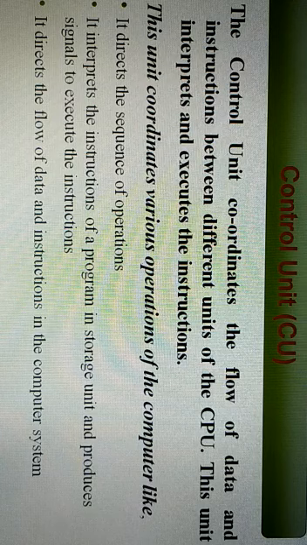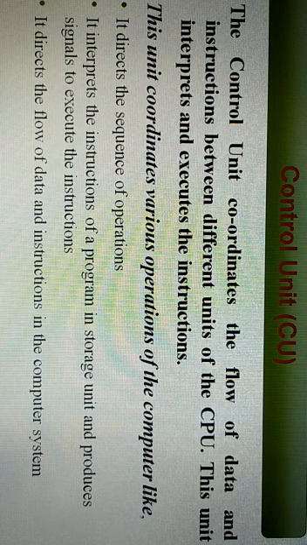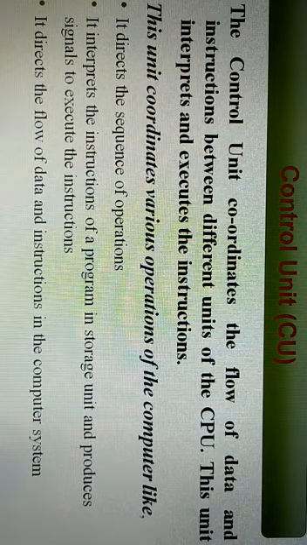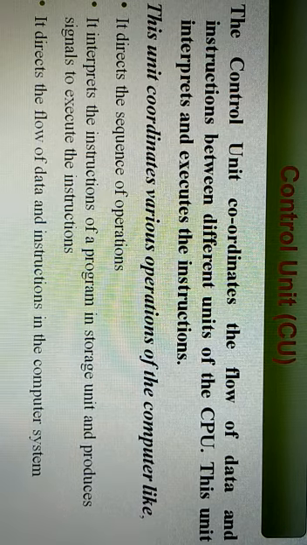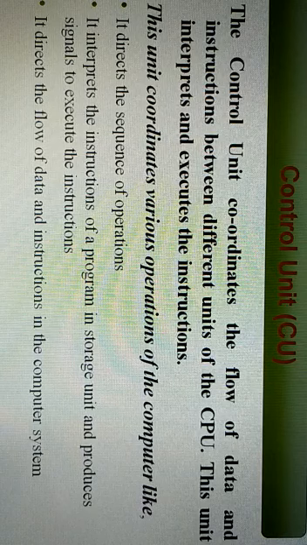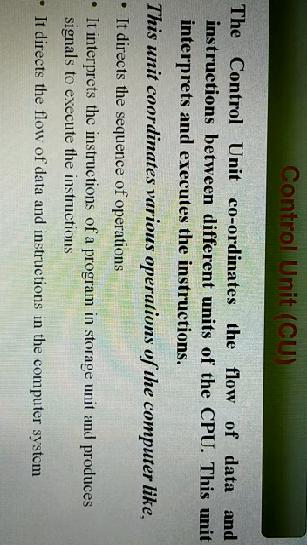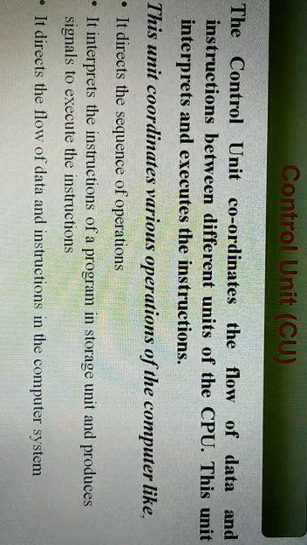As you know earlier, the control unit coordinates the flow of data between different units of the CPU, so that the flow of data and instructions in the computer system is maintained. Now, how does the control unit work?